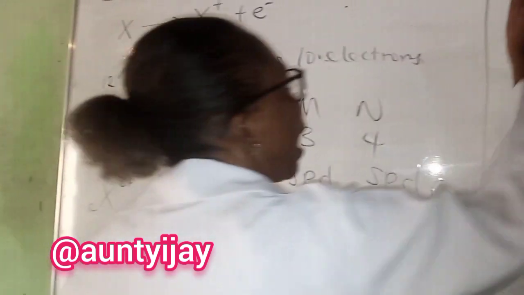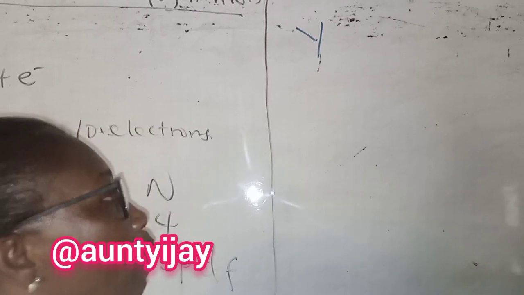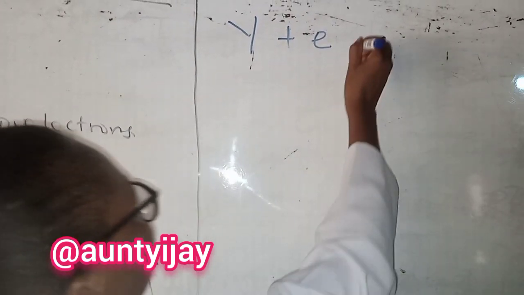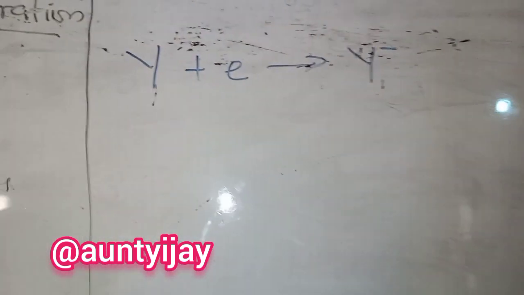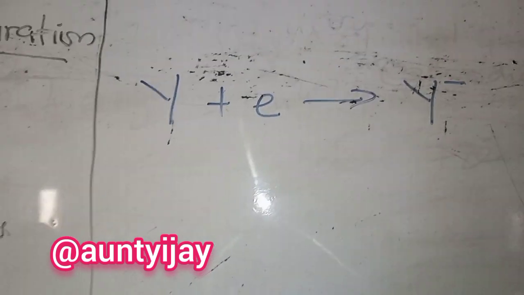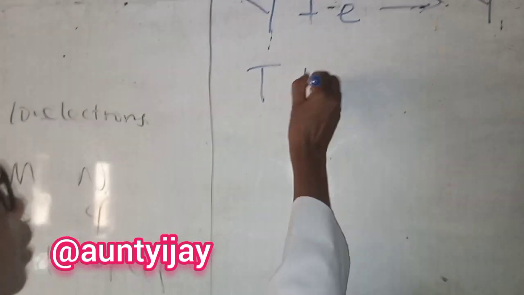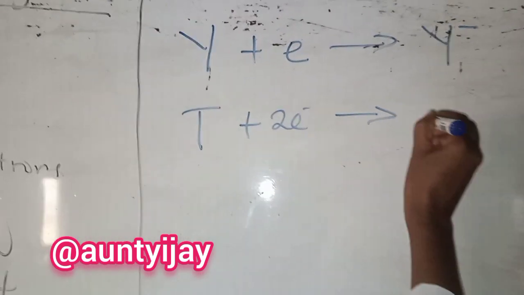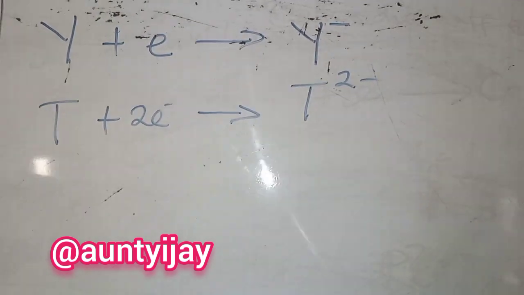For example, we can have Y being an atom of an element, and if it gains an electron, it forms Y minus. That minus is minus 1. T, being an atom of an element, gaining 2 electrons, will have the ion of T being T2 minus.